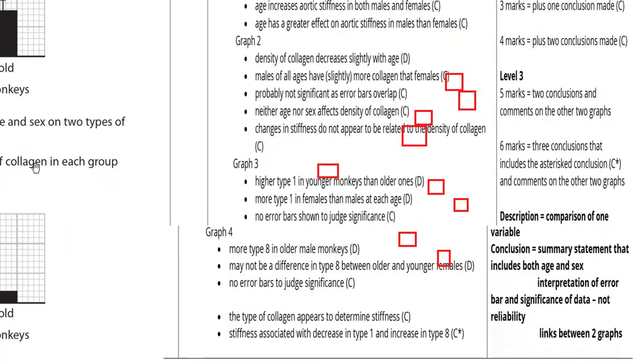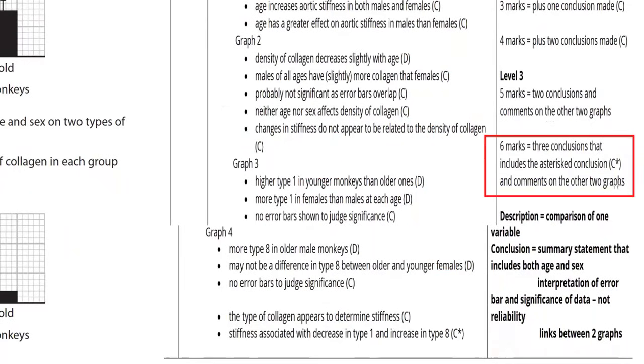In order to reach the 6 marks, they needed the 3 conclusions based on the description and the comments that you are getting from all graphs, not just 1, 2, or 3. Please use all of them. As you see here, as we mentioned, each graph has many points.